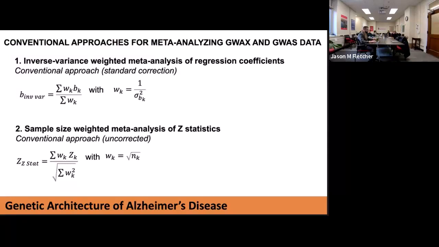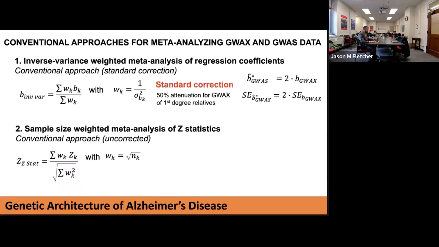For the inverse variance weighted approach, the standard correction factor for GWAS of the phenotype of a first-degree relative using the offspring genotype is to multiply the regression coefficients, the effect sizes for the genetic variance, and their standard errors by 2 to correct for 50% attenuation due to 50% genetic relatedness.